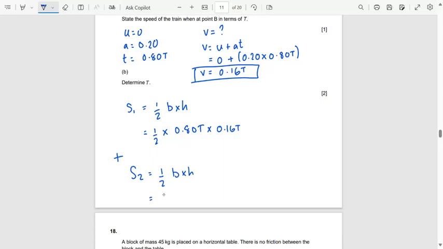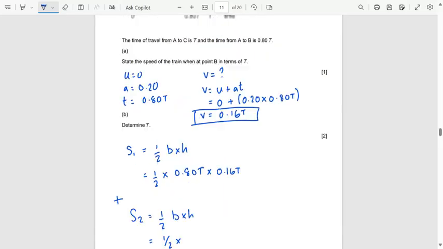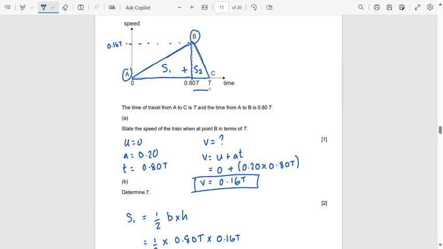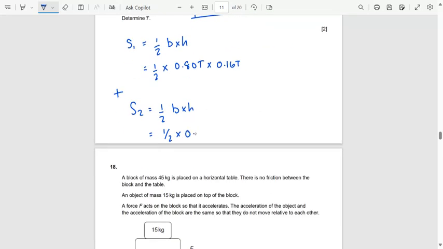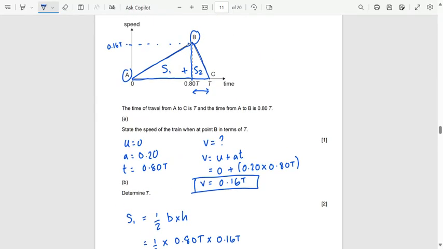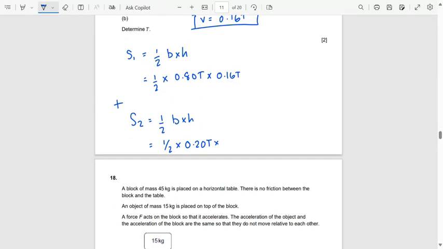Now the base is this distance, so it's 1t minus 0.8t, which is 0.2t, multiplied by the height, which again is 0.16t. If we take these two and add them together, we get a total of 0.08t squared.